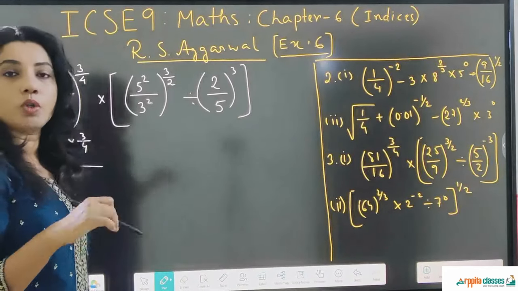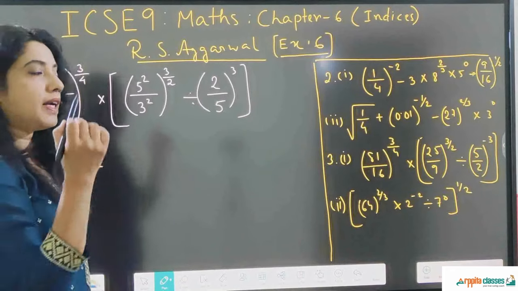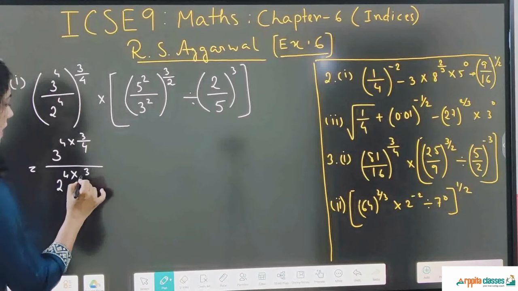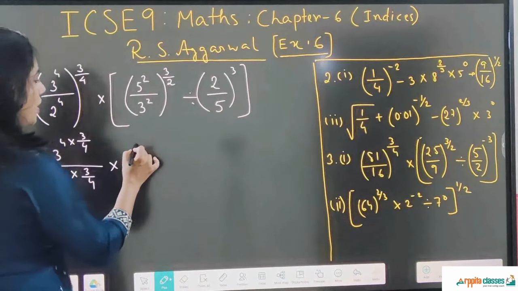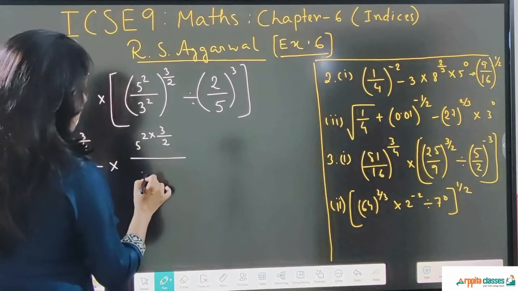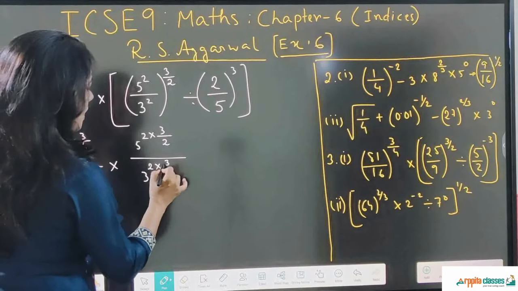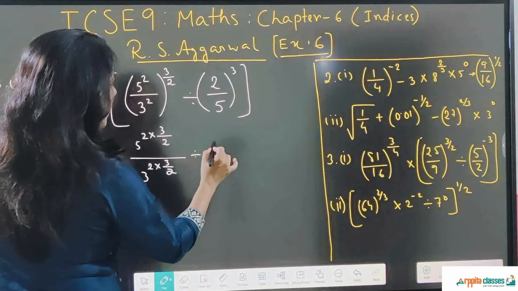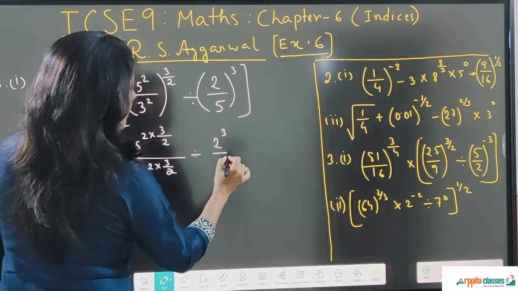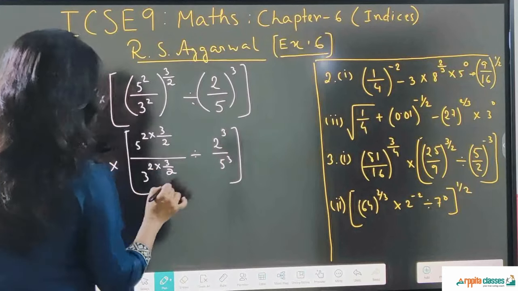A to the power m whole to the power n is equal to a to the power mn. Okay. I keep on reminding you the properties. 3 upon 4 into here 5 square into 3 by 2 divided by 3 square into 3 by 2, and here you have 2 upon 2 to the power cube and 5 to the power cube. I am keeping it as it is, not disturbing anything.